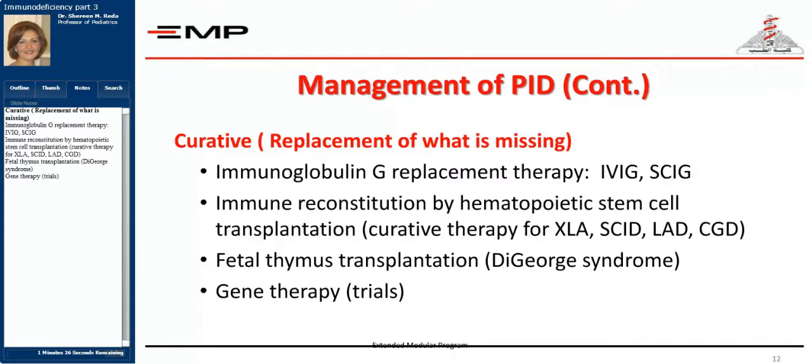This is a curative therapy for X-linked agammaglobulinemia, for severe combined immune deficiency, the SCID, for leukocyte adhesion defects, and for chronic granulomatous disease. Sometimes fetal thymus transplantation is done for DiGeorge syndrome, and gene therapy, which is still under trial.